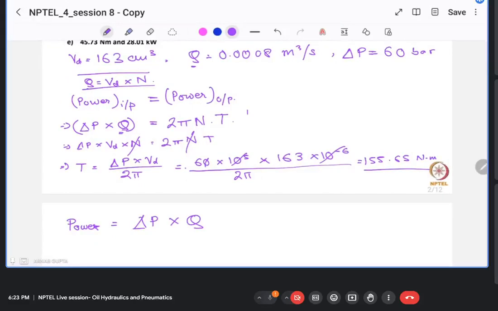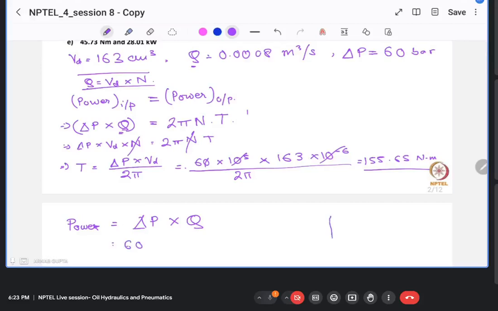Had there been any loss, then your theoretical power should have been 2 pi N into T theoretical, or your delta P into Q theoretical. So here Q theoretical is being considered the same as Q actual. So no need to worry about that.